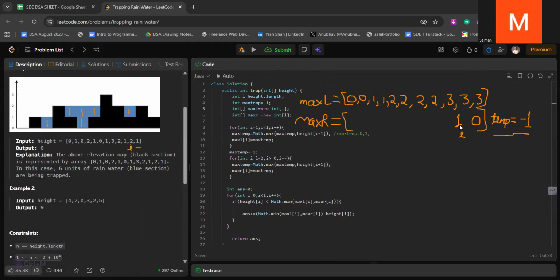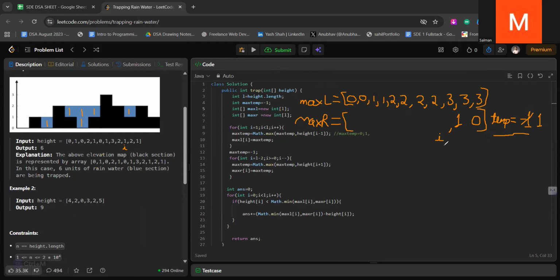And now our I will shift with I minus minus, which goes to the third last, right? Since I updated this with the temp, I also updated the temp with the maximum of these, which became 1.